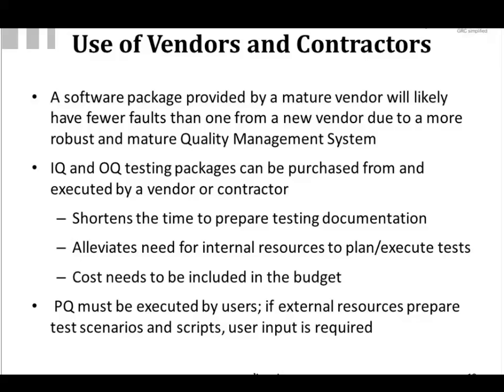So the vendor is more likely to be one that will conform to FDA requirements and will meet your own policies and procedures. But you have to audit your vendor at least every other year to make sure they are doing this. Your IQ and OQ test packages can be purchased from these vendors, and they can also execute them. This shortens the time for testing and preparing all the documentation, and that can be very lengthy. It also alleviates the need for your own resources to plan and execute these tests.